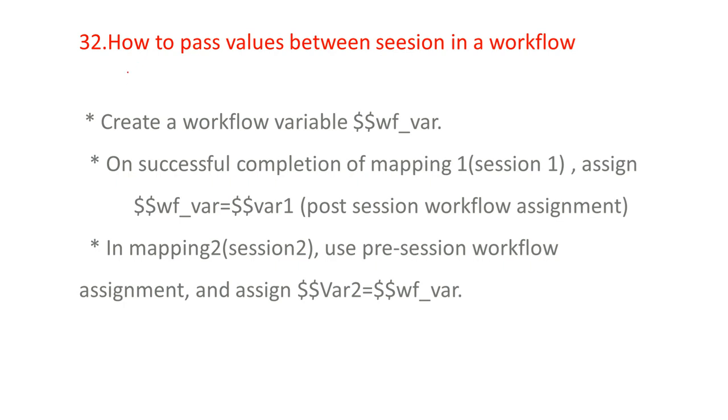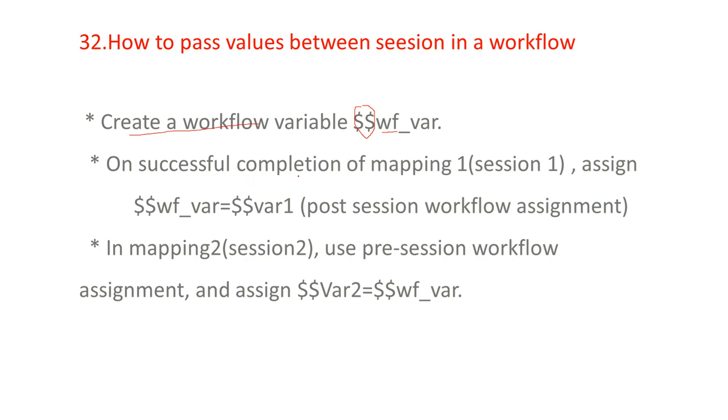Next question: how do you pass values between sessions in a workflow? Here we create a workflow variable. The variables and parameters we create with the double dollar symbol, like $$WF_variable for the workflow.